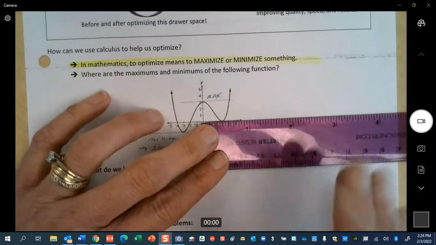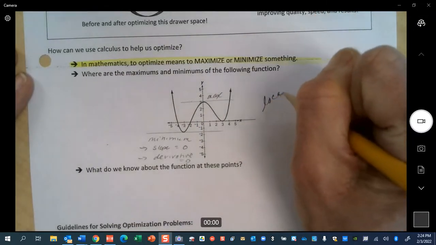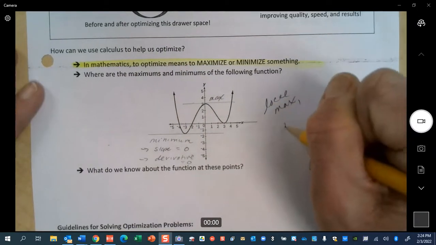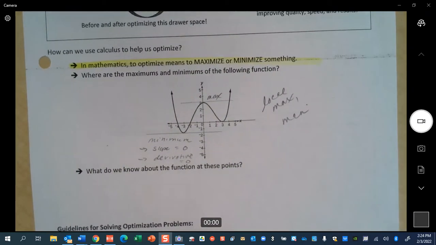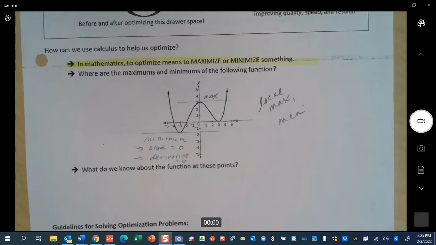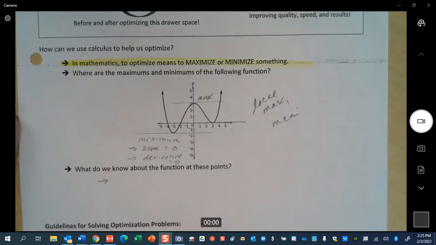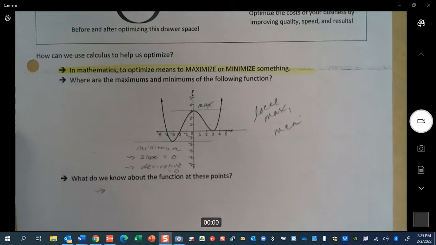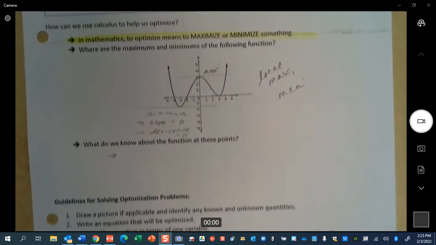So in Algebra 2, when you spent all that time finding your local minimums and your local maximums, remember that? We talked about hills and valleys. We want to know those places where the slope of my tangent line is 0, so where my derivative is equal to 0. So what do we know about the function at these points?